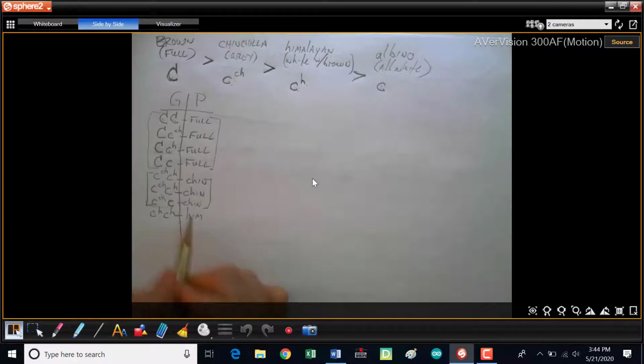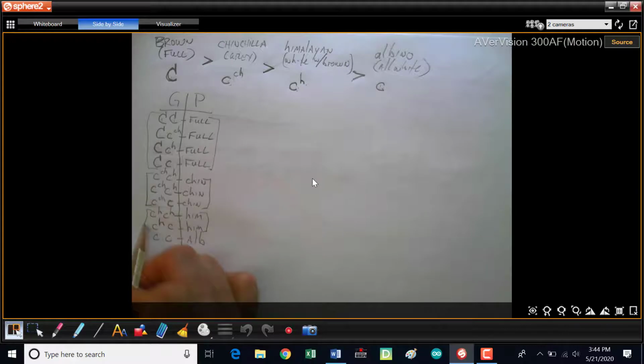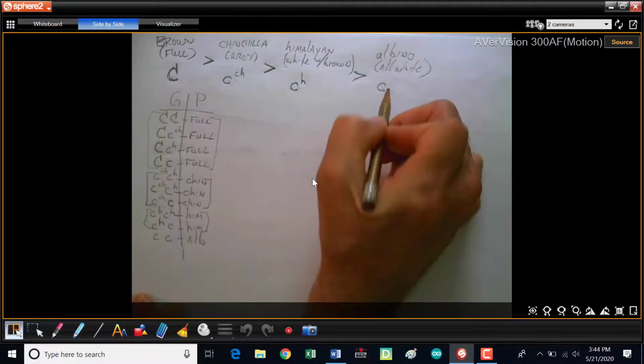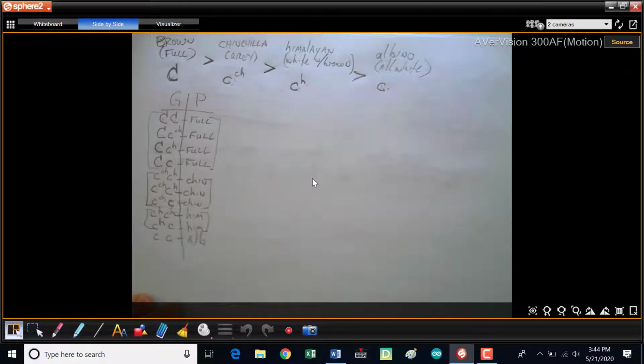Likewise, there are 2 ways to be Himalayan, purebred Himalayan or hybrid Himalayan carrying an albino gene, because the albino gene is recessive to this. And then lastly, you could be albino. You could have an albino rabbit. The only way to have an albino rabbit, because albino is the most recessive of all these genes, is to be purebred albino.